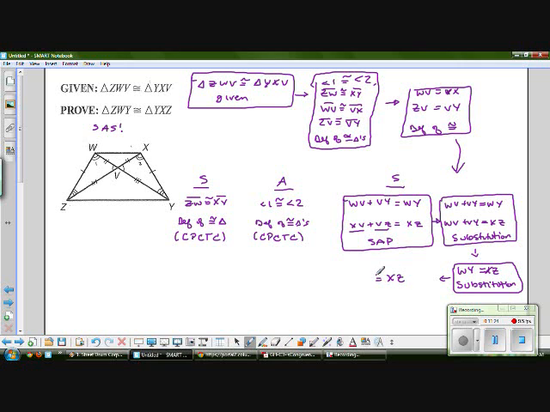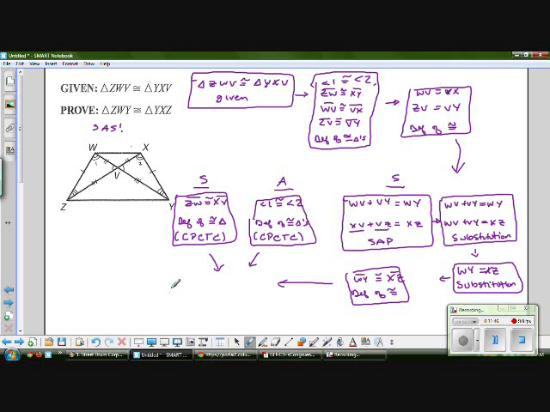That's what it means to be congruent. So we have condition side, we have condition angle, and condition side. So since all three of these pieces are indeed true, I know that triangle ZWY is congruent to triangle YXZ. And that's because of the side angle side triangle congruency theorem.